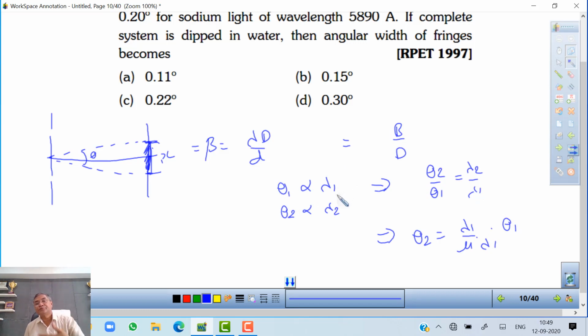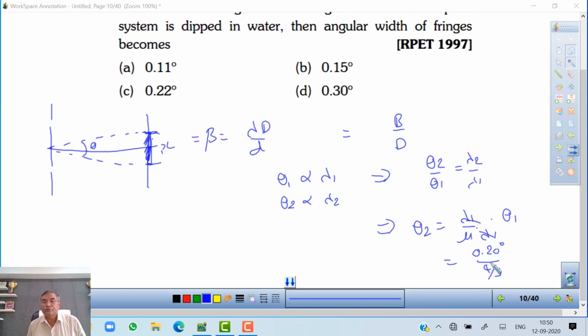When a ray enters from any medium one to other one, or air to the denser medium, so wavelength will decrease, this will cancel out. So what is theta 1? 0.20 degree divided by refractive index of water, otherwise it is 4/3.